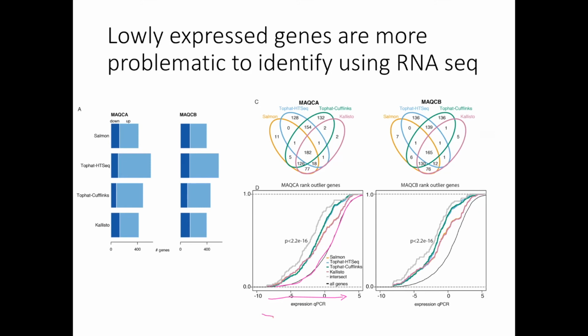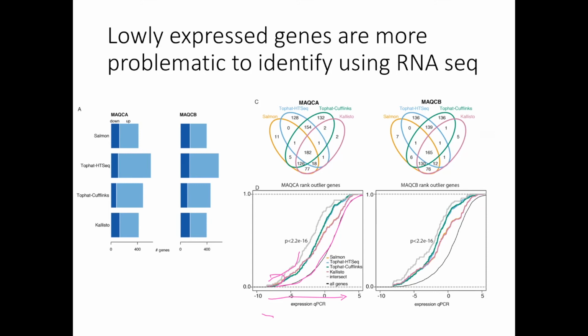And the gray line, which is sort of this one, the one to the left here, that's the one that are differentially expressed between all the RNA sequencing with all the mapping procedures and the qPCR.